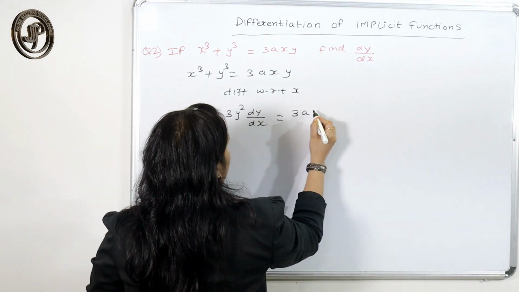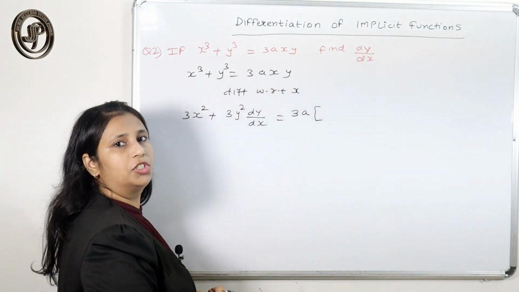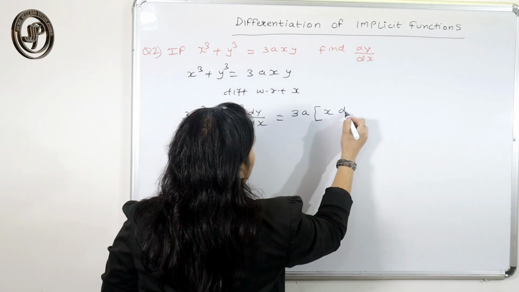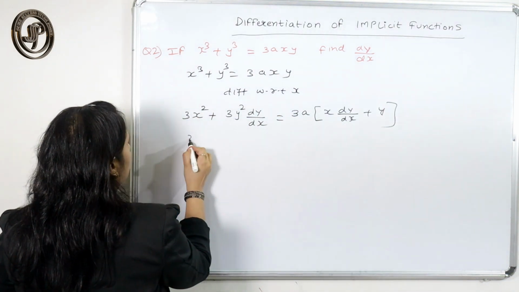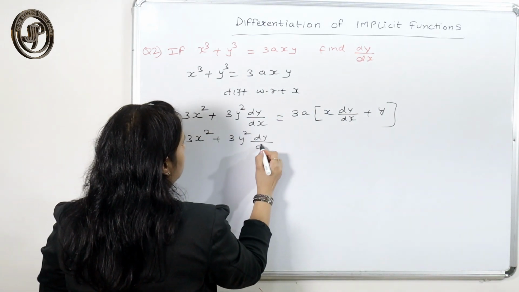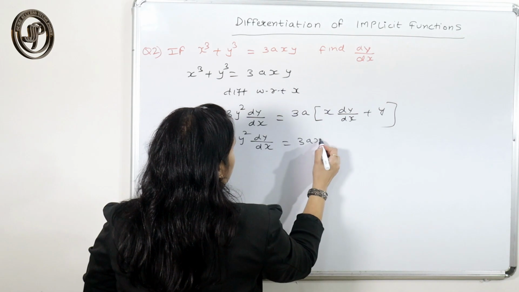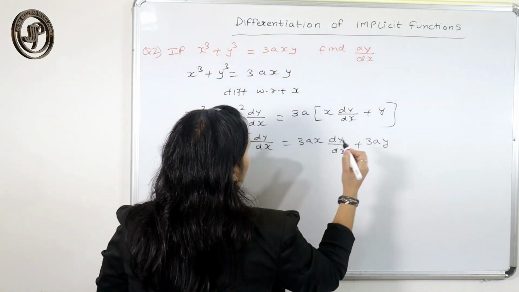Here it is 3a, and for the derivative of xy you have to apply the product rule: x dy by dx plus y. So 3x square plus 3y square dy by dx is equal to 3ax dy by dx plus 3ay.